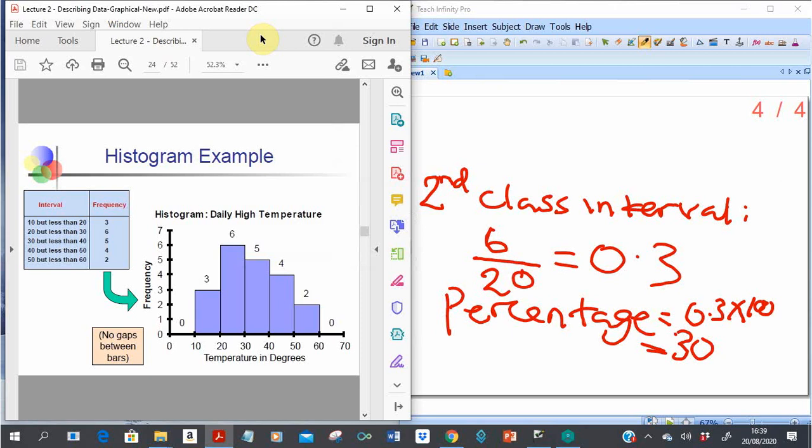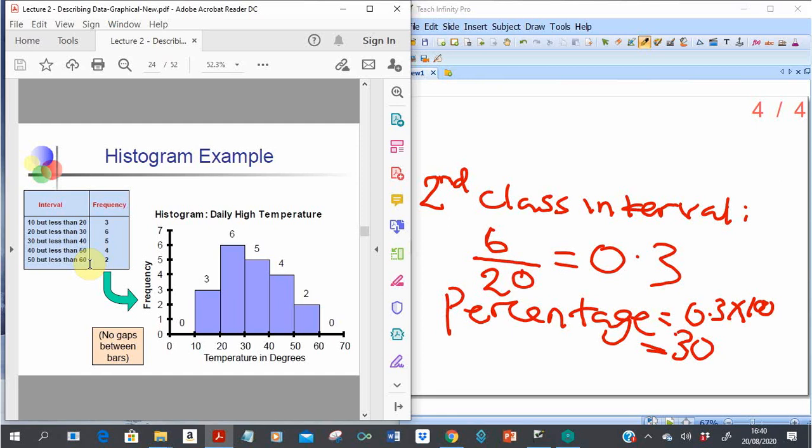In this case, our class limits are also our class boundaries, because there are no spaces between one upper bound and the next lower limit. So that is why we are able to construct a histogram directly from the frequency distribution table.